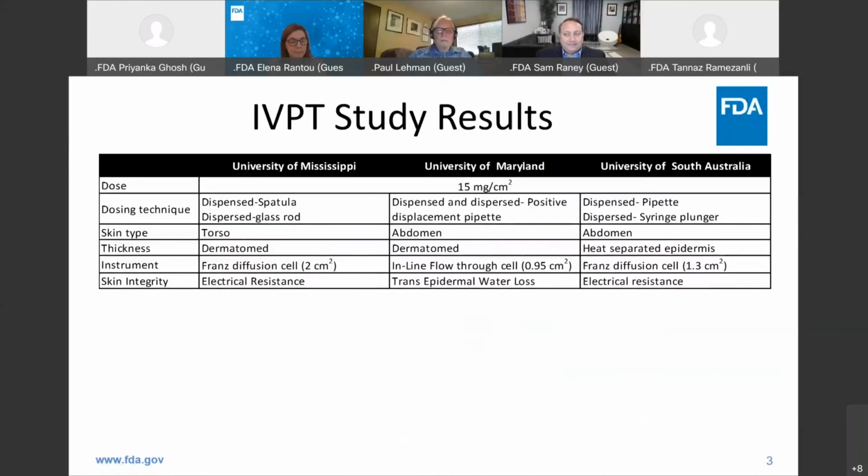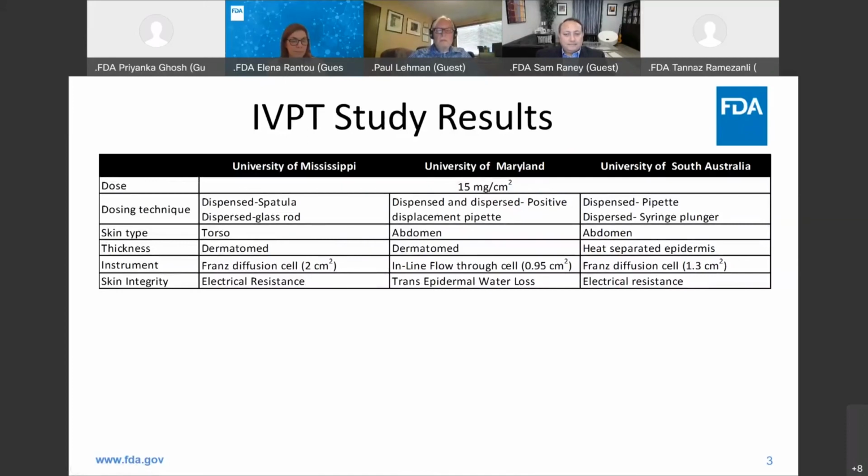So this afternoon, since this morning, you have heard a lot about how different technologies, say, for example, different dosing techniques, different skin types, different apparatus can be used for generating IVPT data that can be ultimately used for evaluation of BE.